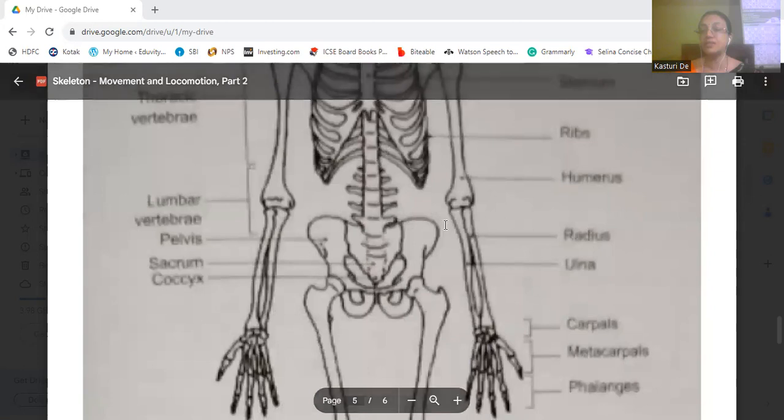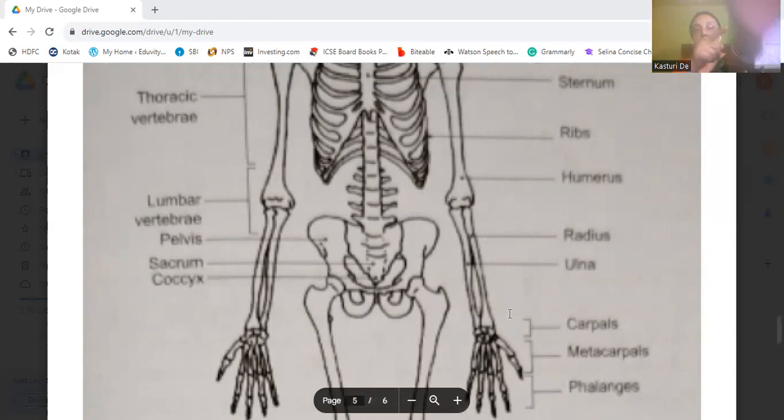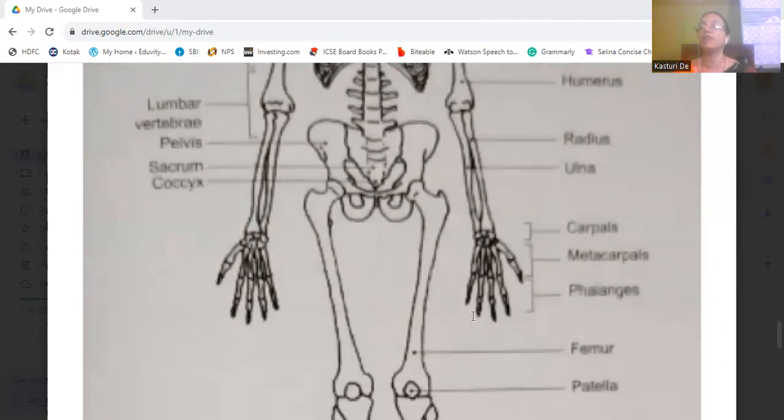So before our wrist, two long bones are there, which are thin in respect to the humerus. One is the radius, another is the ulna. The radius is towards the thumb, and the ulna at the back is towards the little finger.